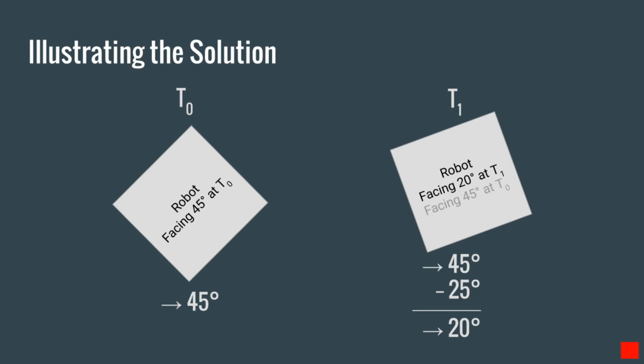And for this 25 degrees value, your robot should be keeping a buffer of the last known values from the sensors with a timestamp on each of those values. That way, you can figure out what the robot was facing at t0, and you'll know that it was facing 45 degrees, and you'll be able to account for that.